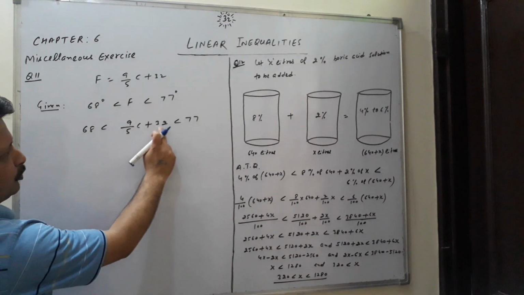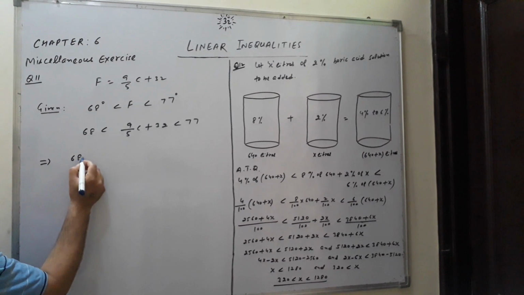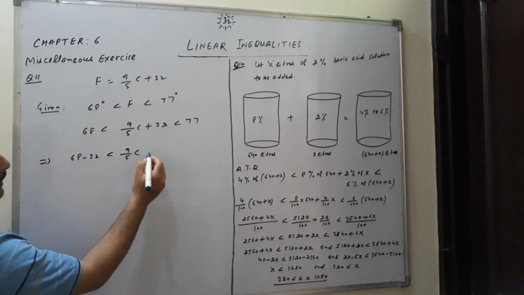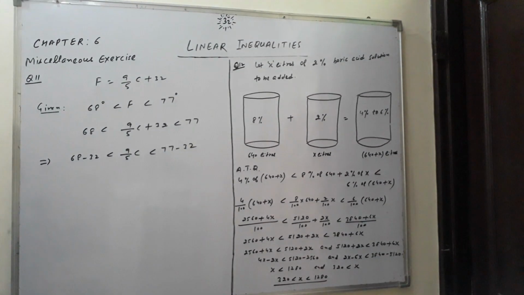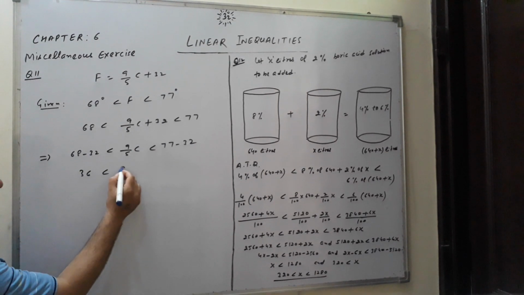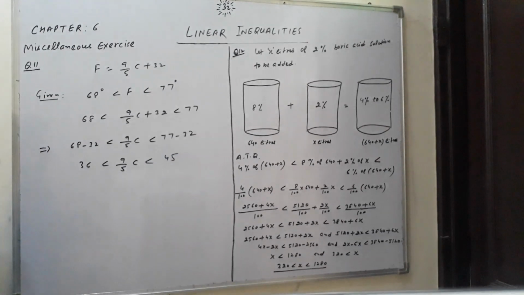One by one, we will remove this 32 first. This implies 68 minus 32 < 9/5 C < 77 minus 32. Now it will come as 36 < 9/5 C < 45.